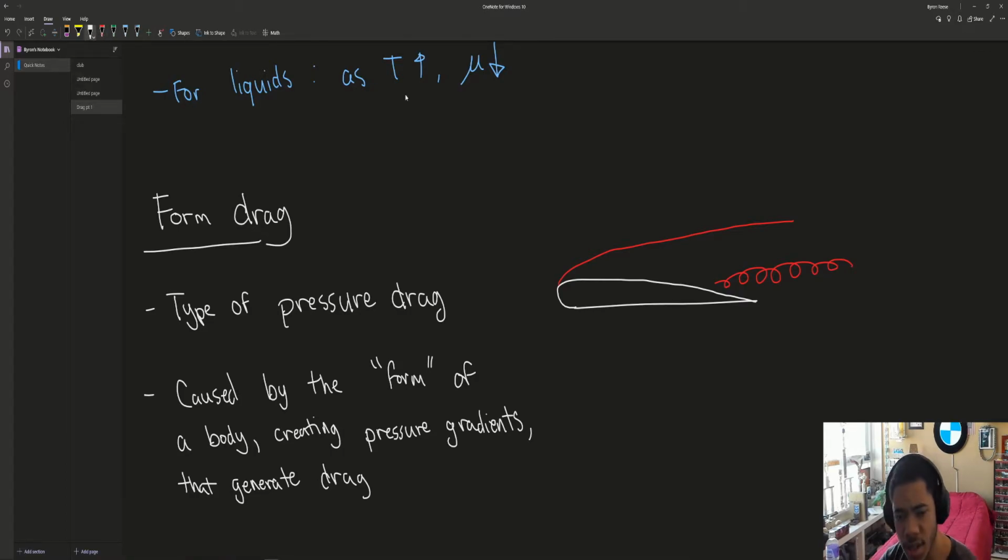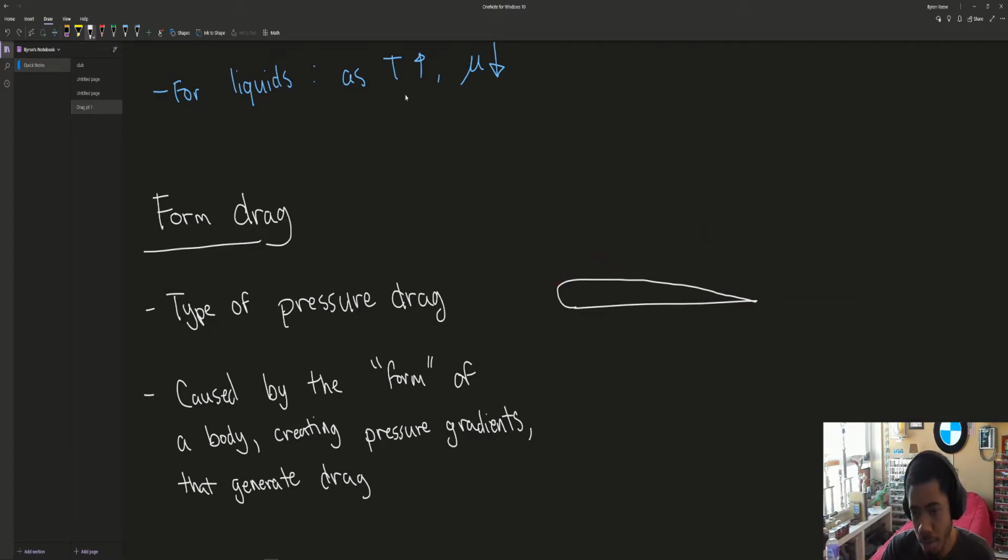This region of separation has a higher pressure, which you would not want. We talked about this last week. The separation causes a higher pressure than what you would want if it was not separated, therefore reducing lift.